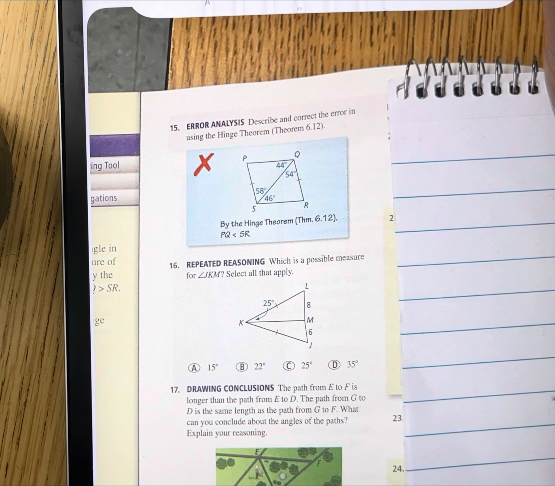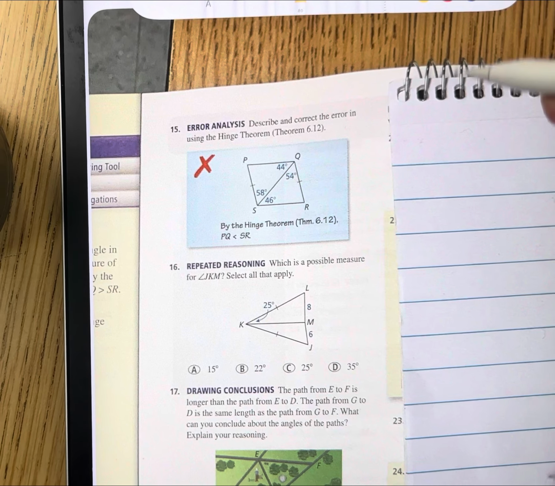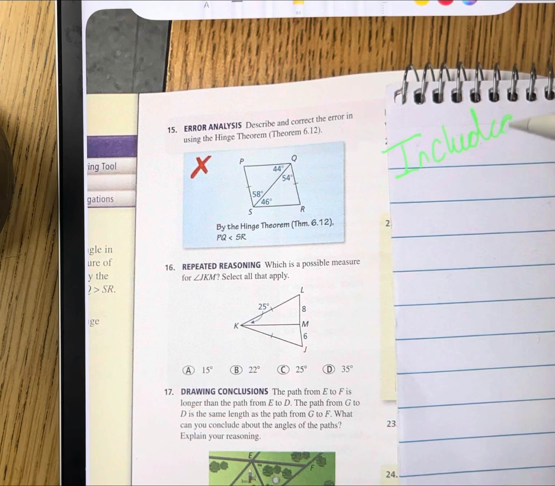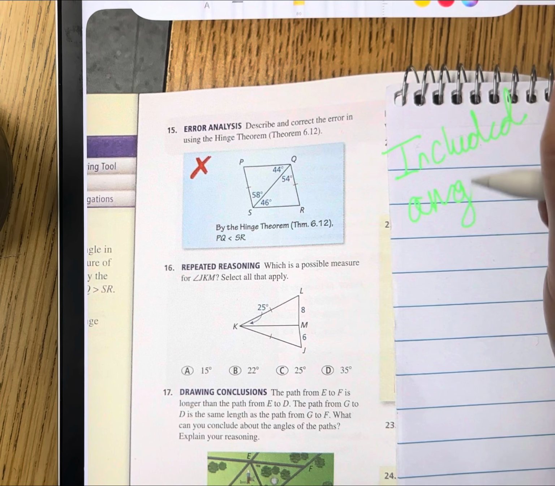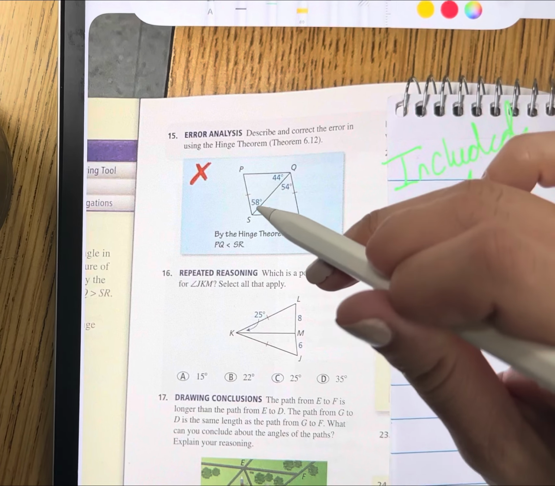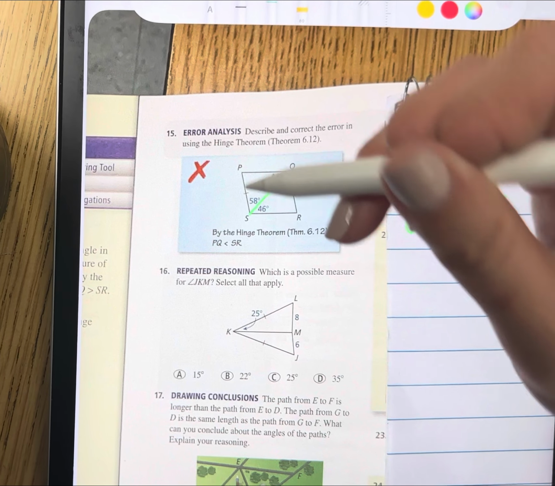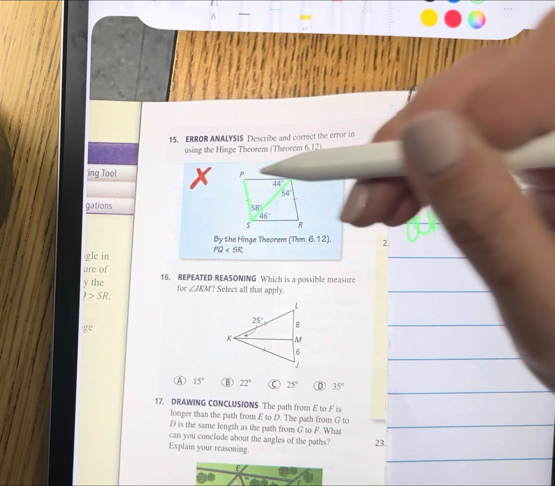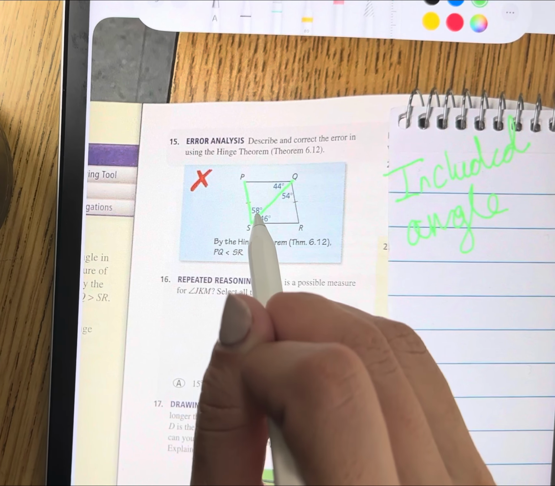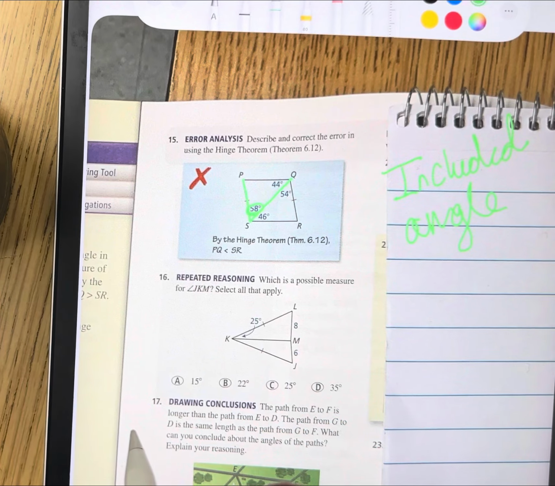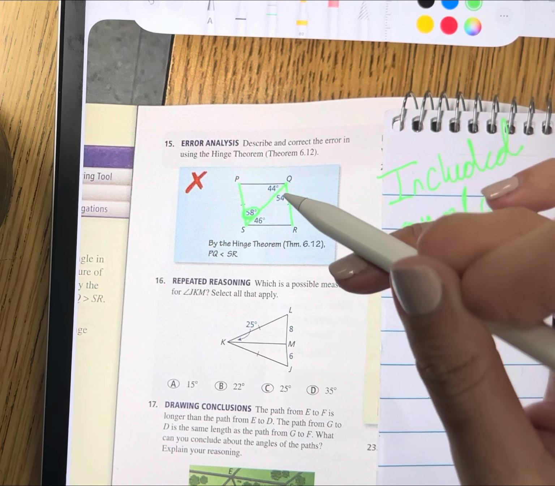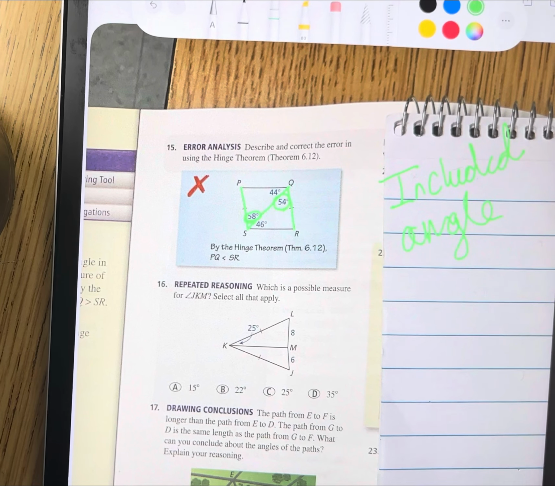And now we can use the included angle, and that's the key here, to make a determination. The included angle between my two sides in question, those are the two sides there. The included angle is literally in between those two sides, that 58. And then the two sides here, and the included angle is that 54.